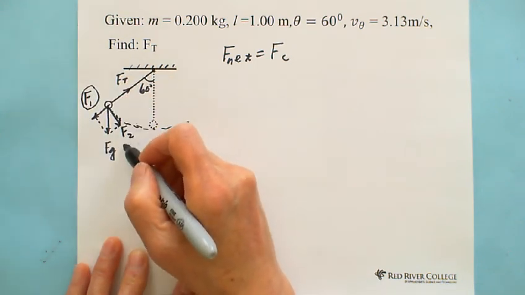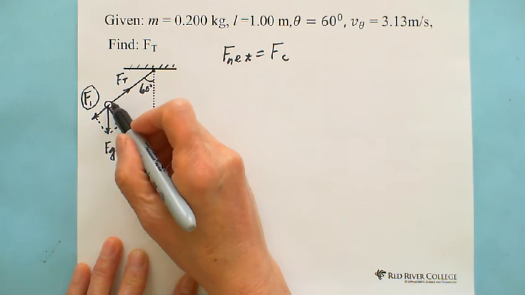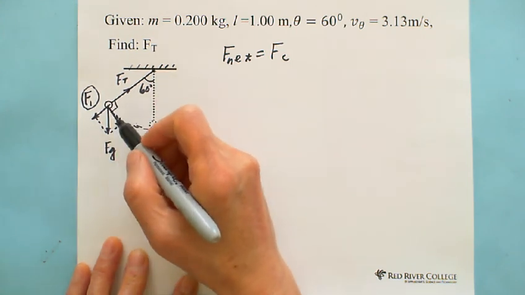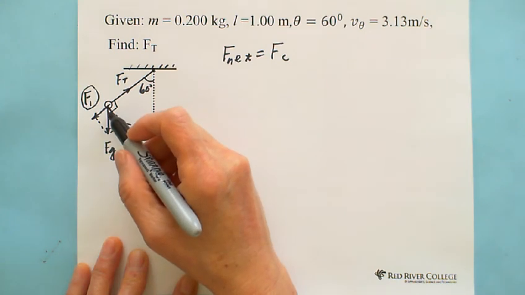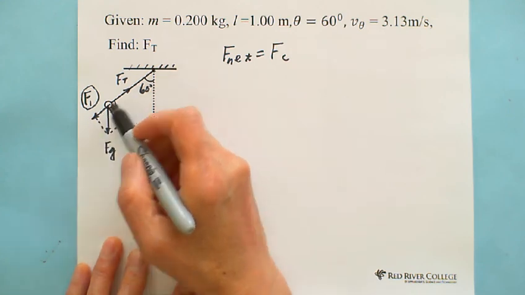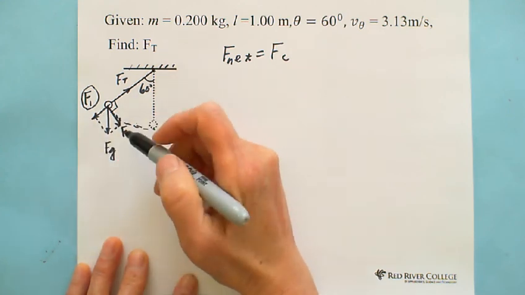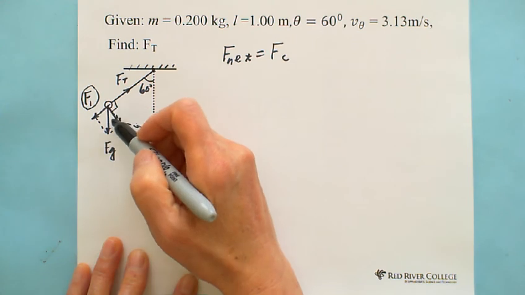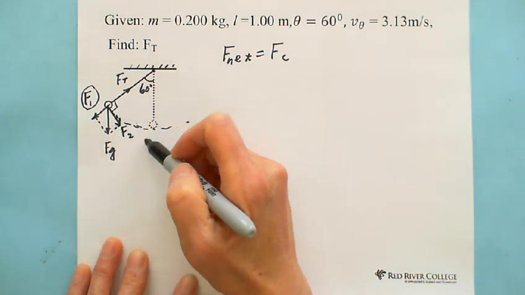F2 is tangent, which is perpendicular to the radius. So this force does not contribute to the radius. The F2 just makes the ball accelerate along the tangent.